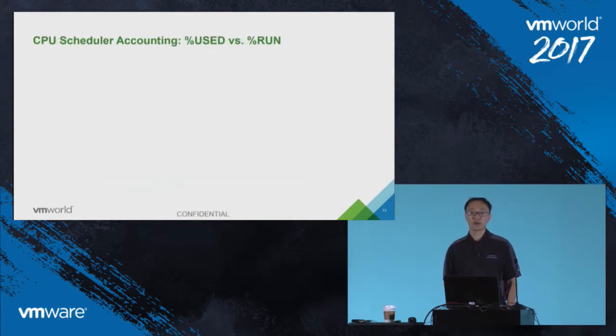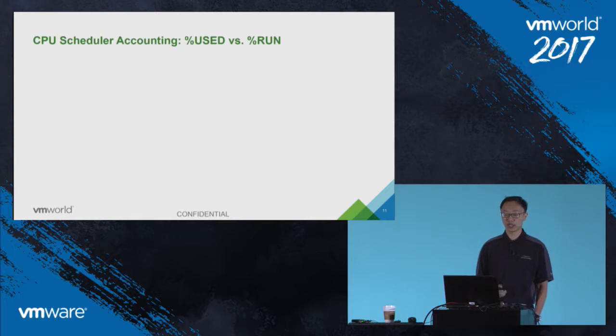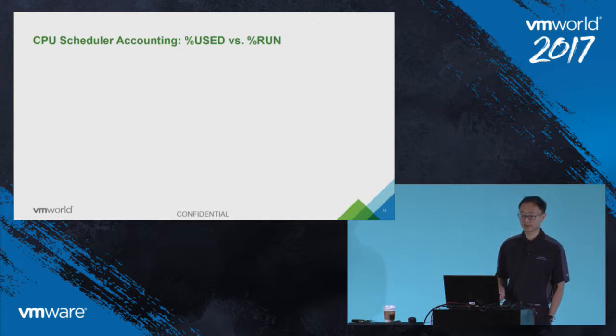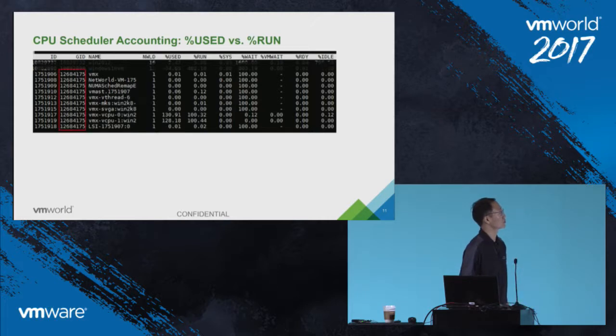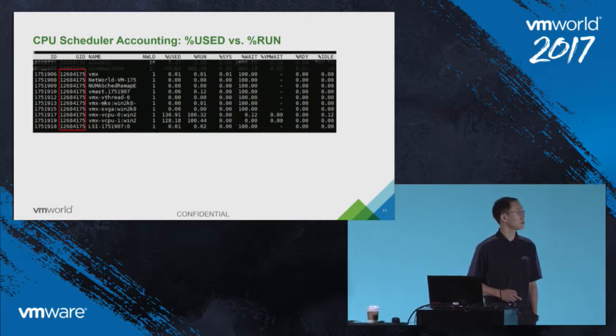Two of the most commonly used stats from CPU scheduler accounting are usage, or used time, versus utilization, or runtime. So what's the difference? Same snapshot, same group, same VM.